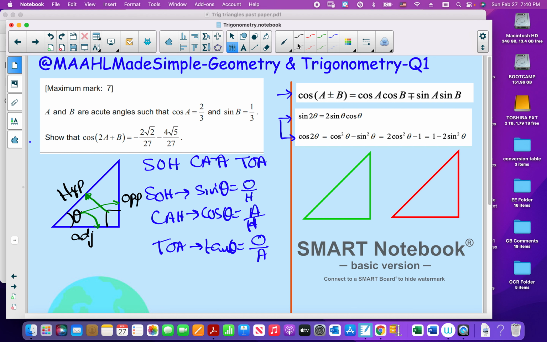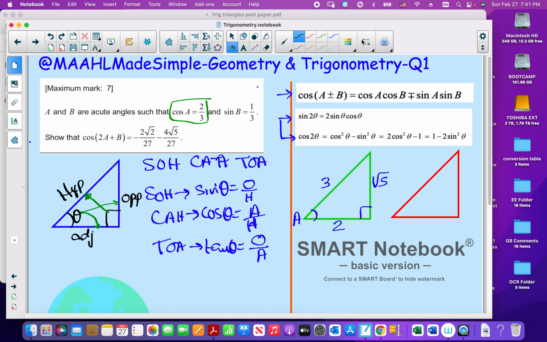Now let's take a look at the given and what we can establish from here. If this is my right angle triangle, and this is angle A, then cosine A equals adjacent over hypotenuse, so that will be my 2, this will be 3. Using Pythagoras, this is the square root of 9 minus 4, which is square root of 5.